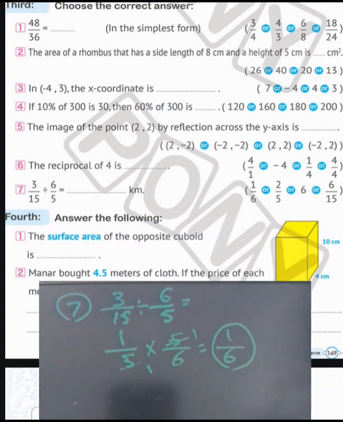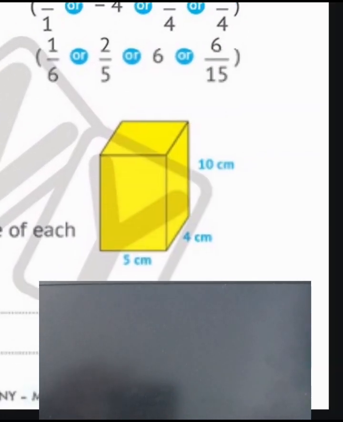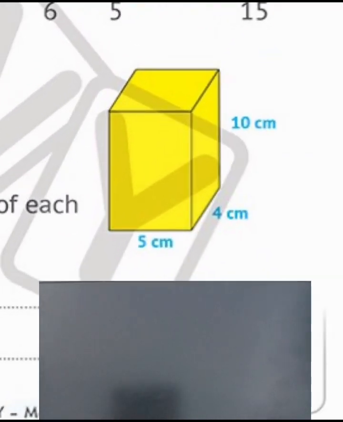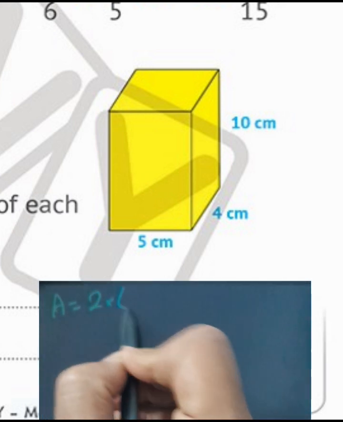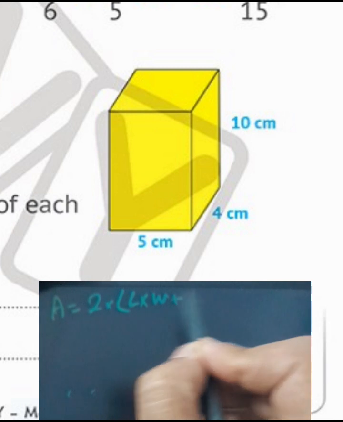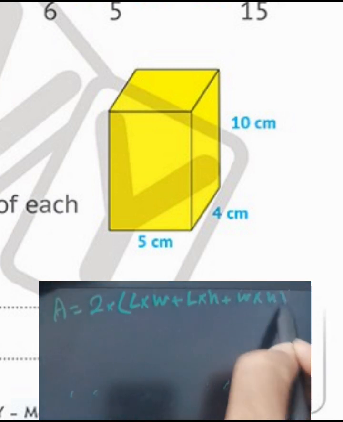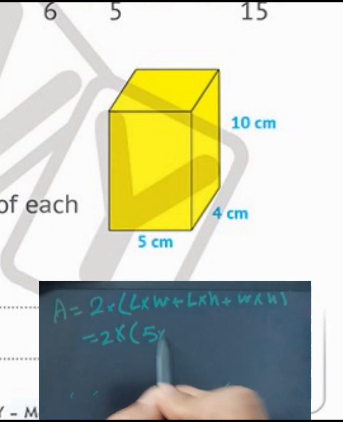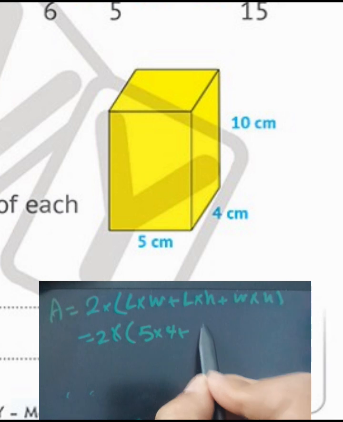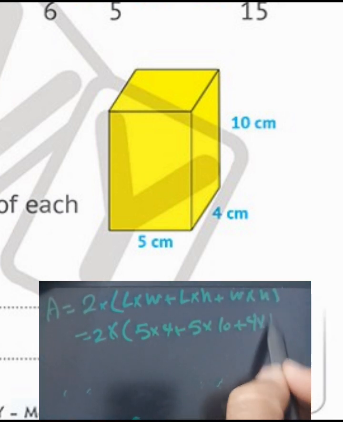Fourth, the surface area of the opposite cuboid, it will be what? We want to find the surface area of the cuboid. We must know the rule: the area equals 2 times (length times width, plus length times height, plus width times height). We know the 3 dimensions. Here the length was 5 and the width was 4, the length was 5 and the height was 10, and the width was 4 and the height was 10.